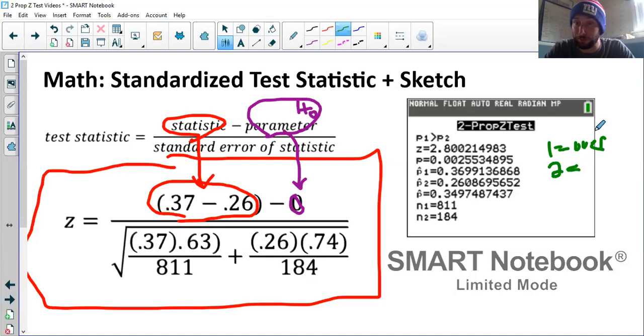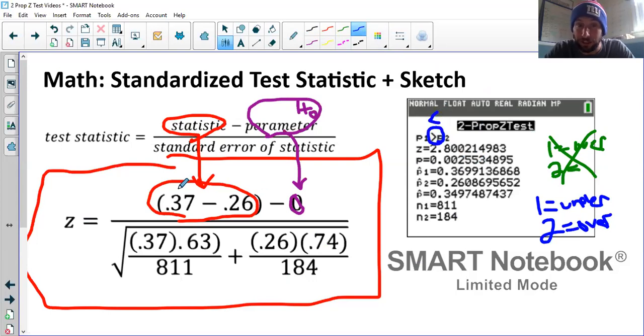There's really no need for me to finish this. If we flipped it and labeled group 1 as under 30 and group 2 as over 30, some things would change. The symbol in our alternative hypothesis would then be less than.